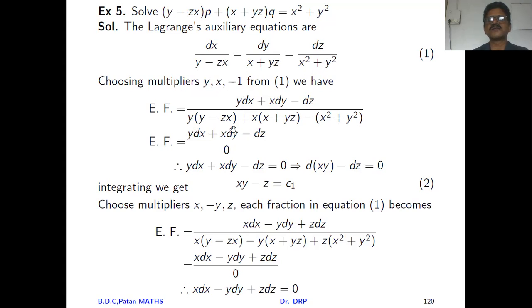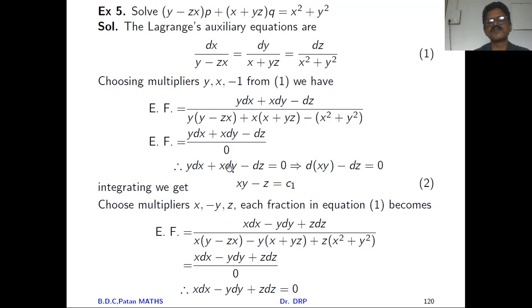So here you will get y square, this minus y square gets cancelled, then here you will get x square, this minus x square gets cancelled, and here you will get xyz minus xyz, this plus xyz gets cancelled, which means we get the denominator as 0. And see, this numerator is an exact differential. Why? Because we can write this numerator as the derivative of some function. So we can write y dx plus x dy minus dz equal to 0.